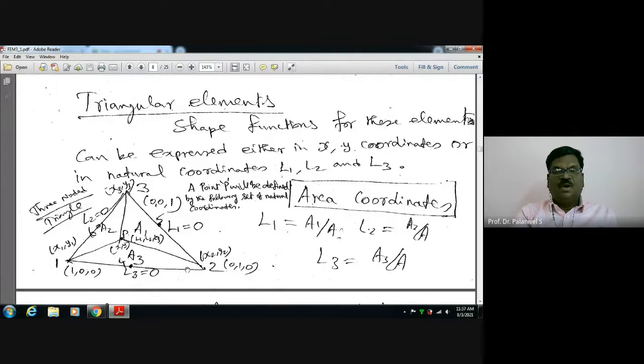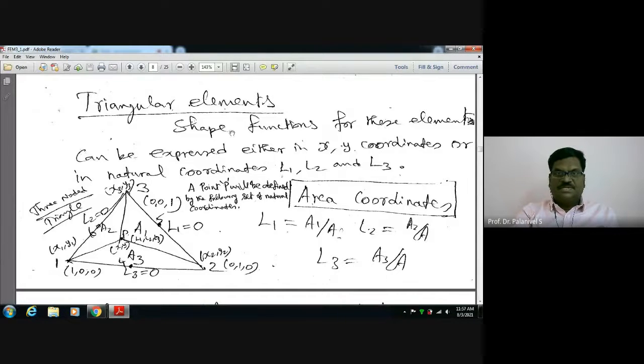Right. So how do we go for a local coordinate system in this triangle? That is the natural coordinate system. Shape functions for these elements can be expressed either in xy coordinates, that is, in Cartesian coordinates, or in natural coordinates L1, L2, and L3.